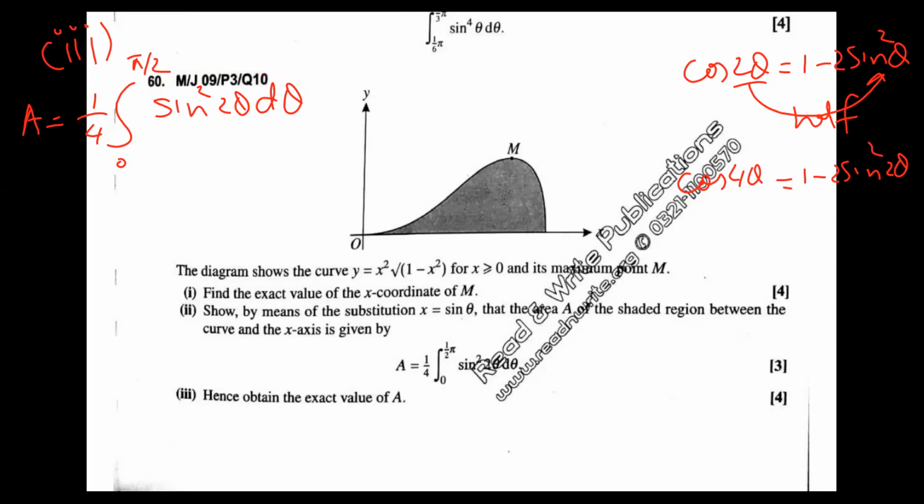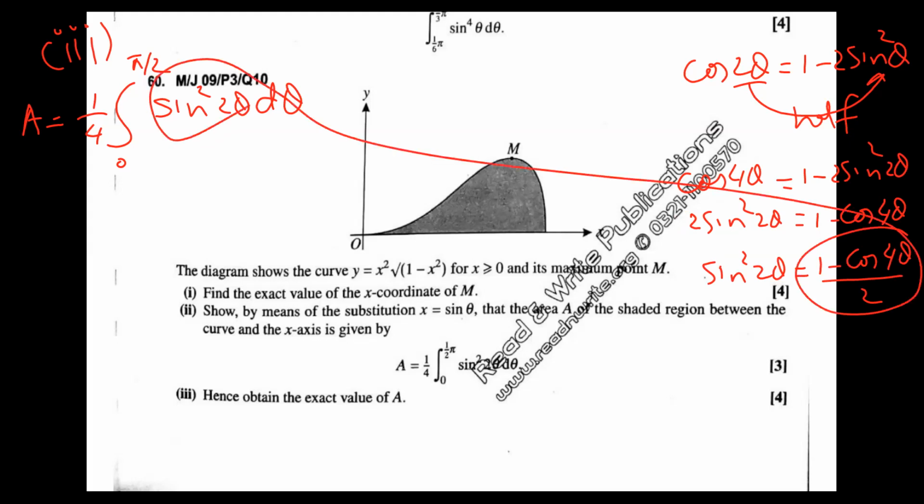So now I'm going to make it the subject. This whole thing comes left, and this whole thing goes to the right side. So I will get this form. Now this 2 I don't need, it will go down and divide. So sine square 2 theta gives you this one. This value I'm going to plug in here.